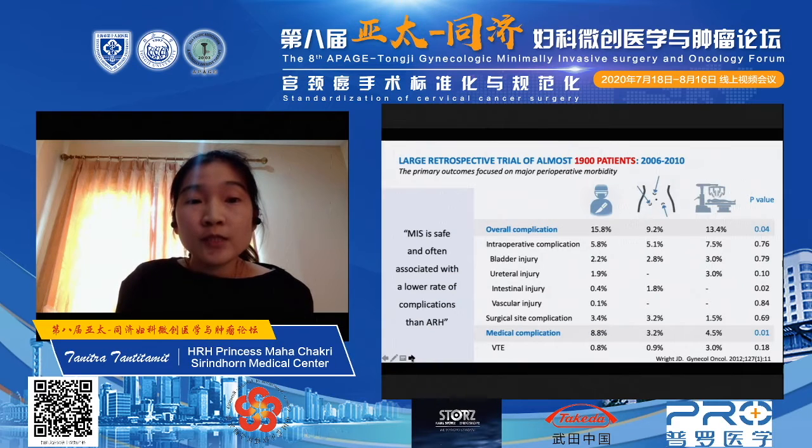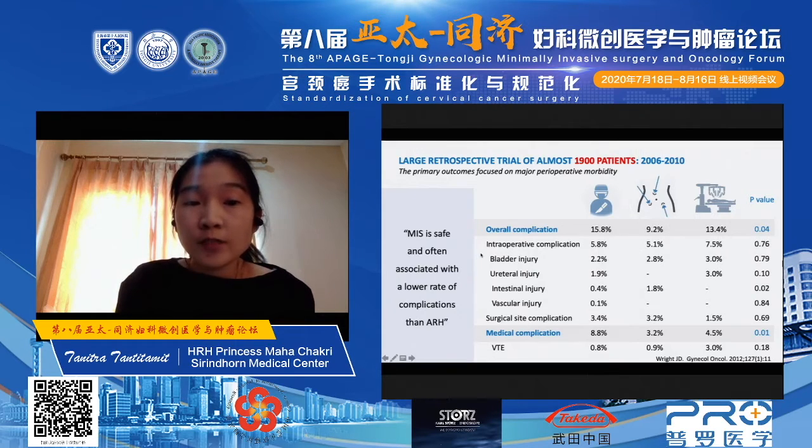A large retrospective trial of almost 1,900 patients, from 2006 to 2010, focused on major perioperative morbidity and compared laparotomy, laparoscopy, and robotic surgery. The results showed that the overall complications and medical complications were significantly higher in the laparotomy group compared with minimally invasive surgery.